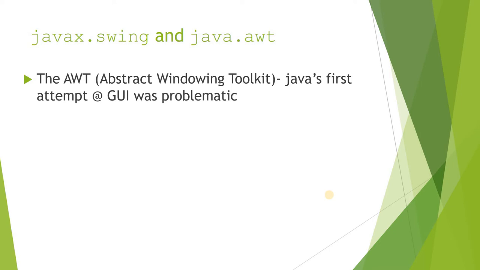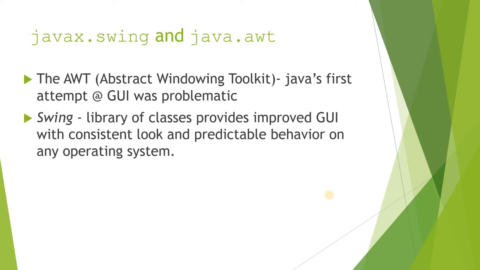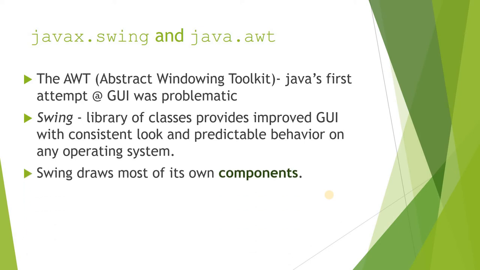It was Java's first attempt, but it was problematic, because if you ran it on different systems, different operating systems, it didn't give a consistent look and feel. And so they developed Swing to try to make that more consistent from operating system to operating system.